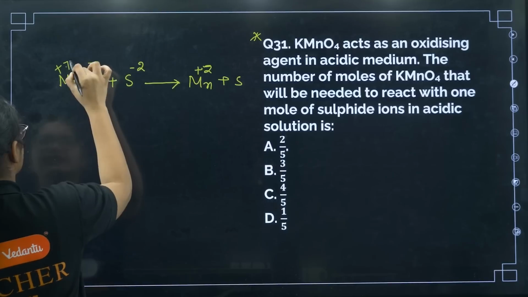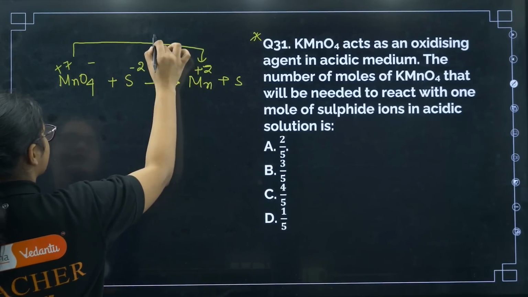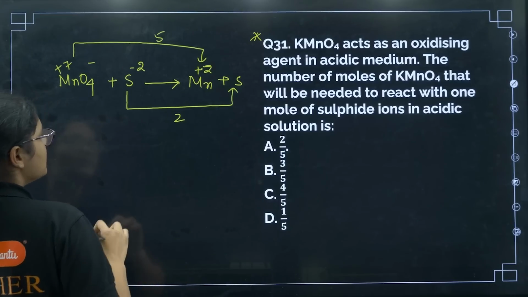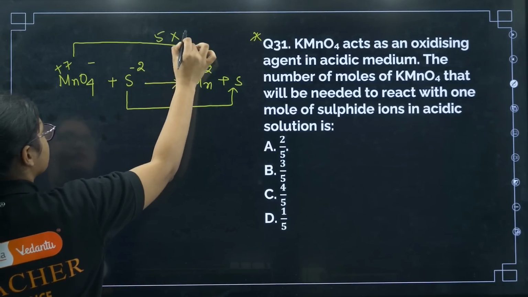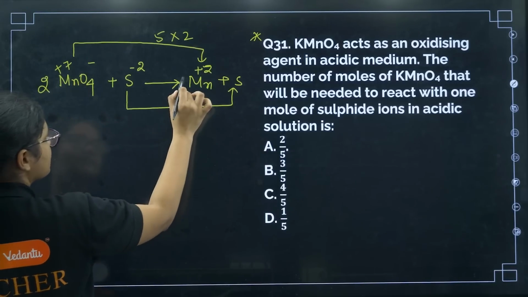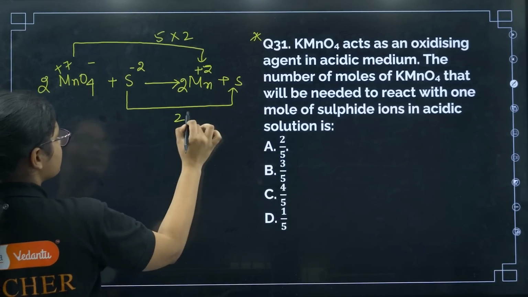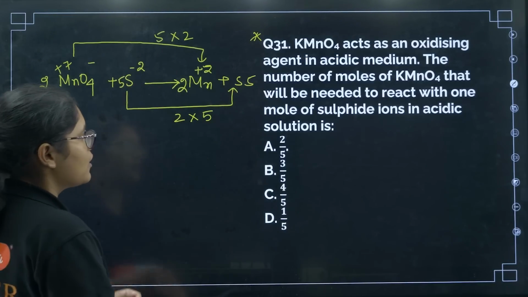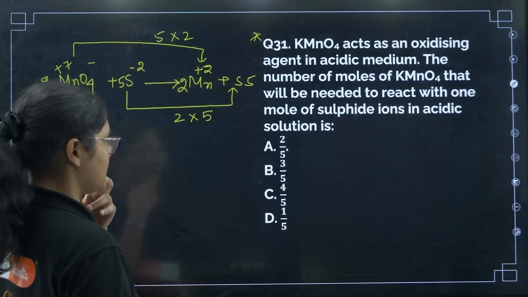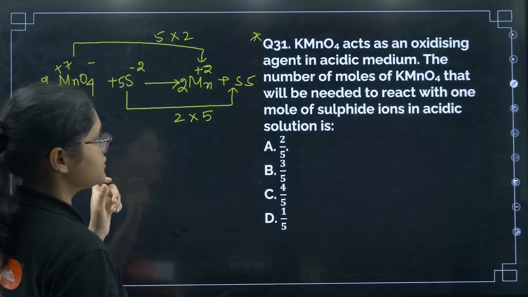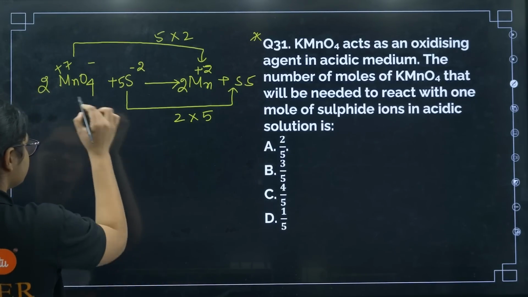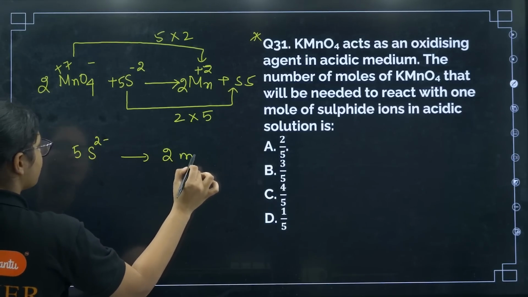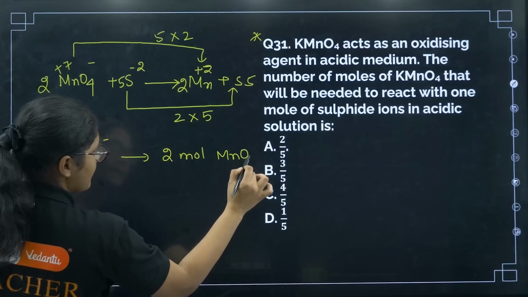So this is +7 to +2, we have 5 electrons, and -2 to 0 we have 2 electrons. Now to balance, I will multiply this one with 2, so I will write 2 MnO4 minus and 2 Mn2+, and this one I will multiply with 5, 5 S2 minus and 5 S. So now the number of moles of KMnO4 that will be needed: according to this equation, 5 S2 minus requires 2 moles of MnO4 minus, right?